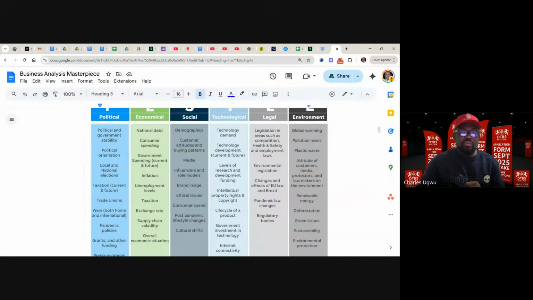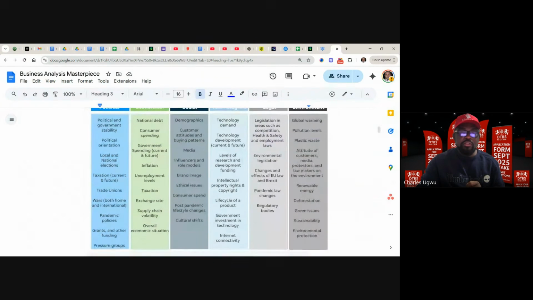Level of research and development funding. Yeah, we know we have a Bank of Commerce and Industry, but I don't know how far or how easy it is to access their funding. Intellectual property rights and copyright. Yeah, that is one thing we have.